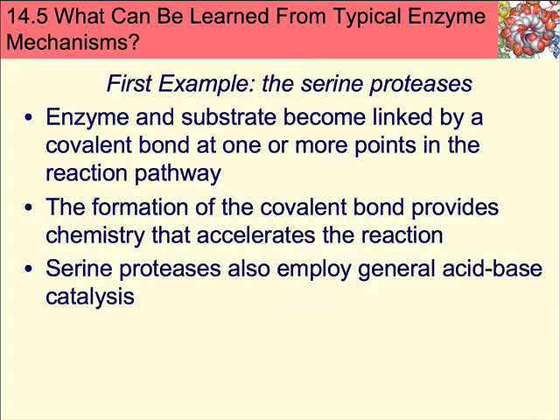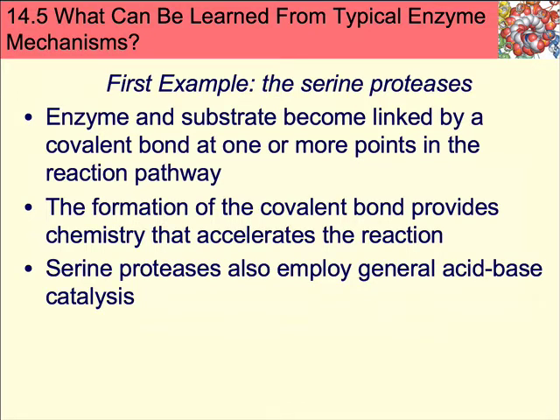We want to move on and talk about real enzyme mechanisms now, and our first example is going to be the serine proteases. And you actually ran into these way back in chapter 5 when we talked about trypsin and chymotrypsin and the reactions they catalyze. And it's important to remember that proteases are enzymes that cleave other proteins. They cleave peptide chains.